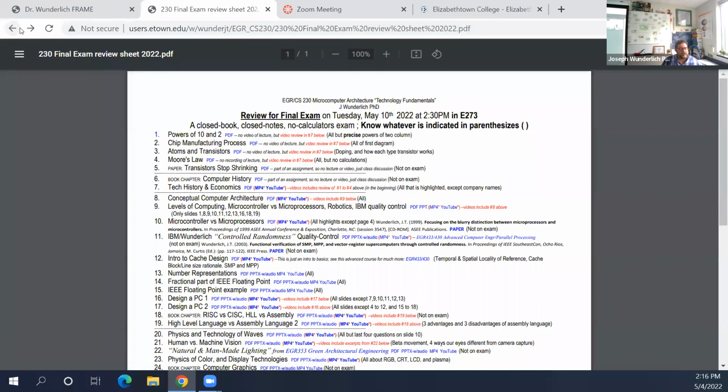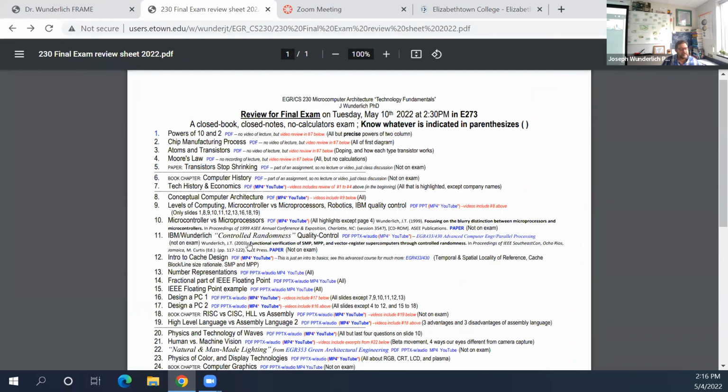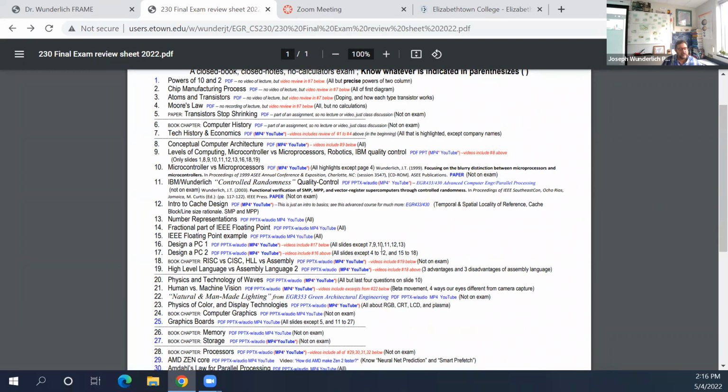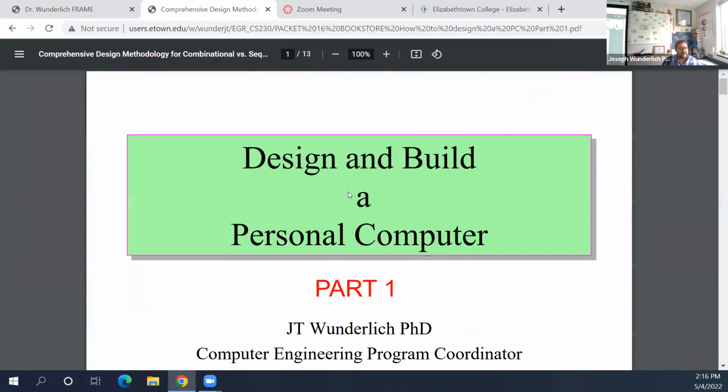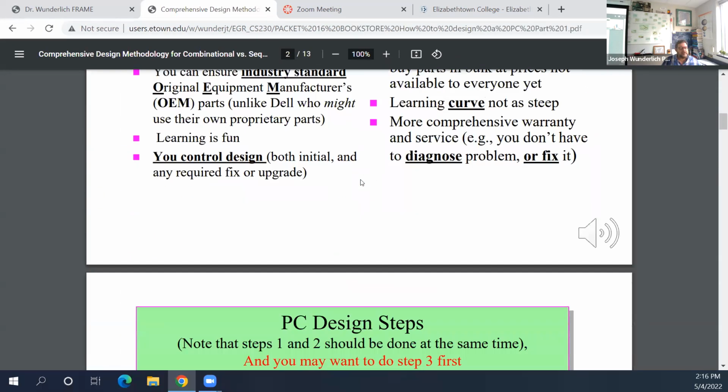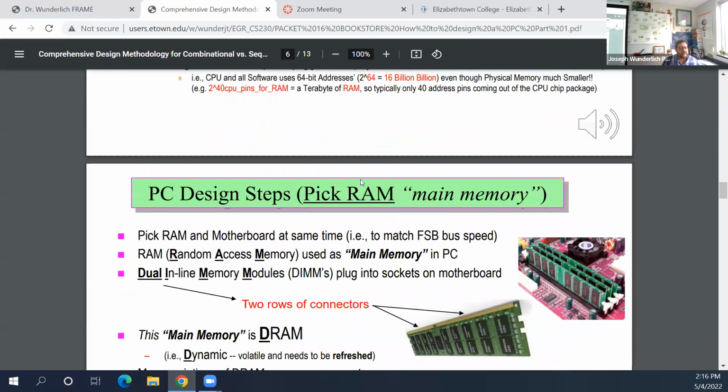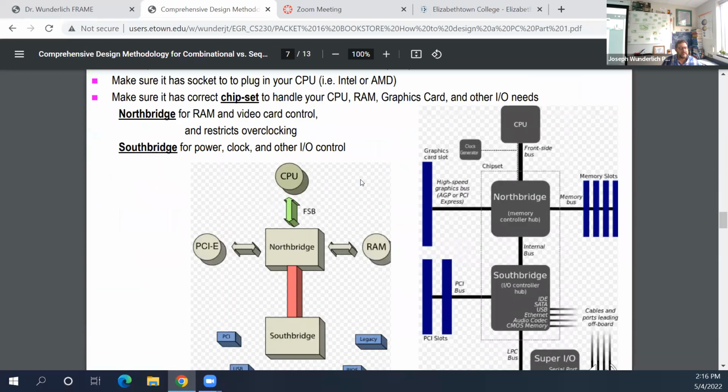Okay. Then next, PC design, PC1, all except 7, 9, 10, 11, 13. So everything except that.